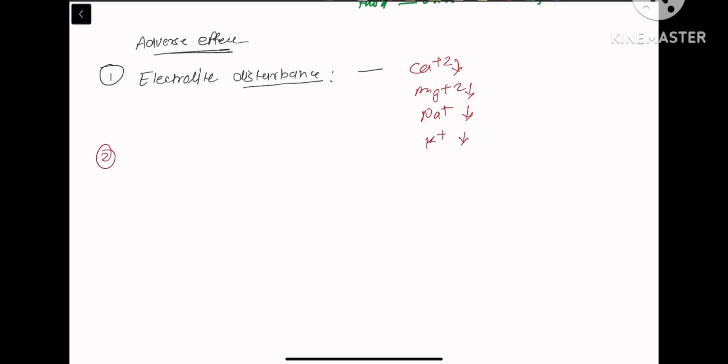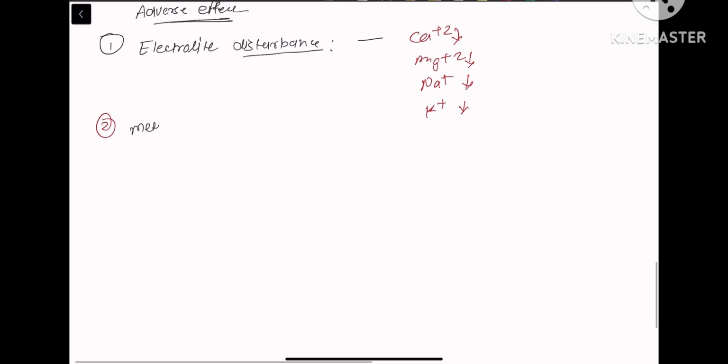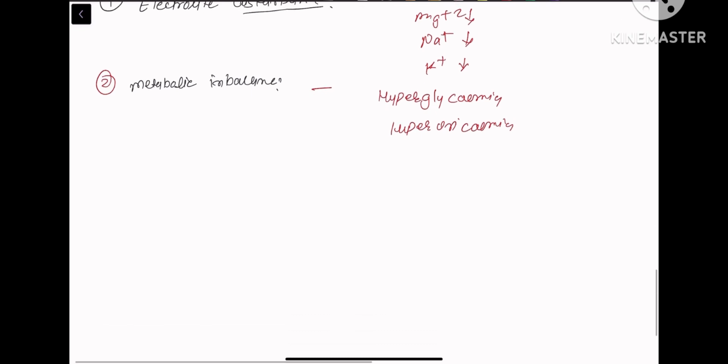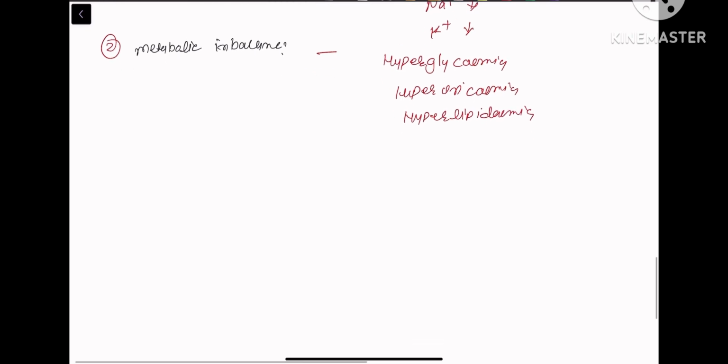After that, metabolic imbalance. In metabolic imbalance, what we can see: hyperglycemia, hypertension, hyperuricemia, hyperlipidemia.